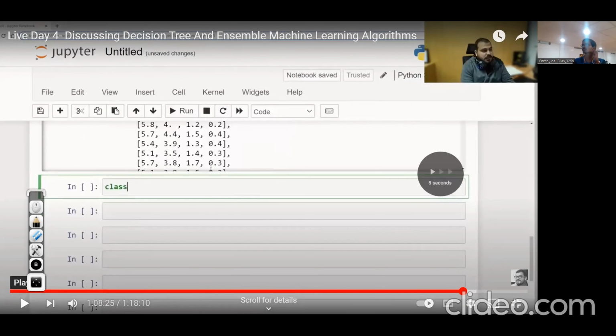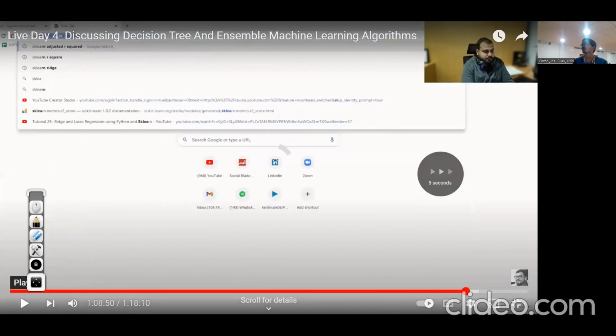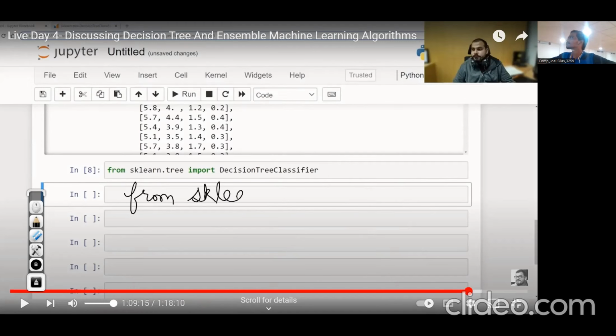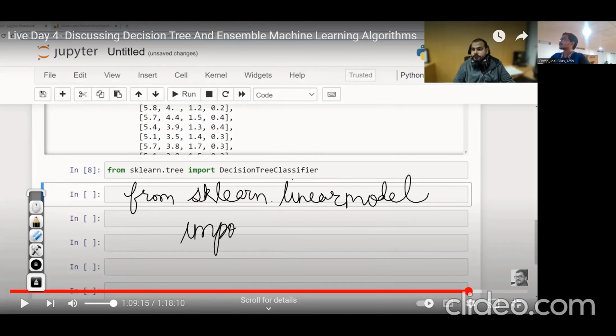Then what we need to do is import the decision tree classifier. Like how we used to write from sklearn.linear_model import LinearRegression.